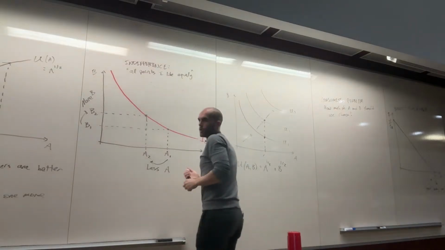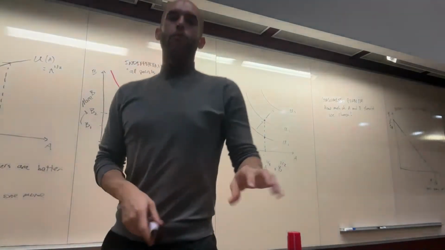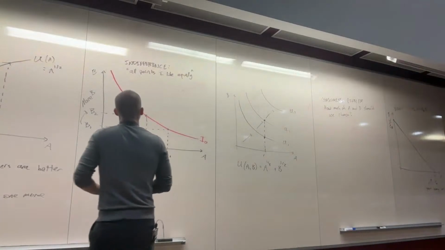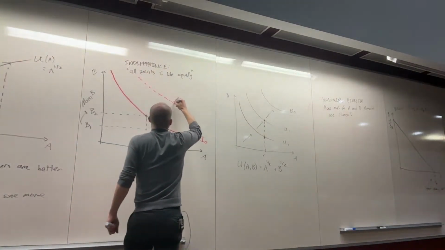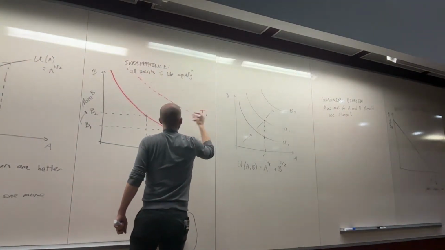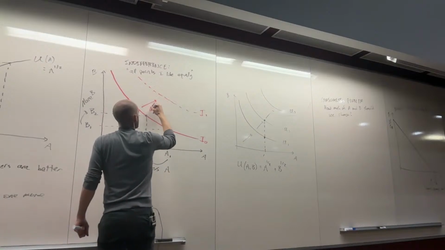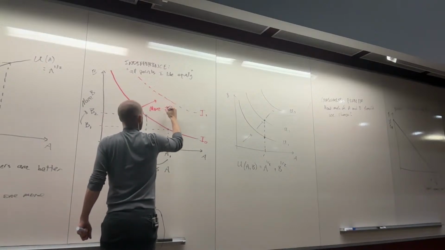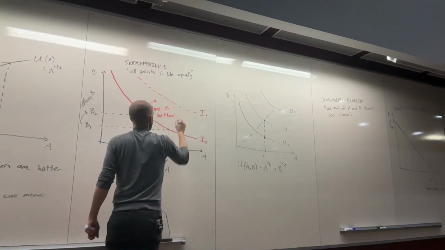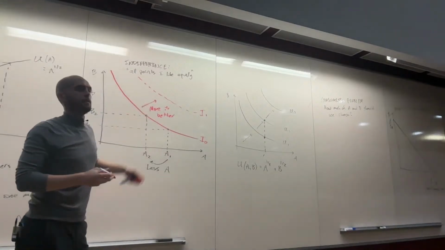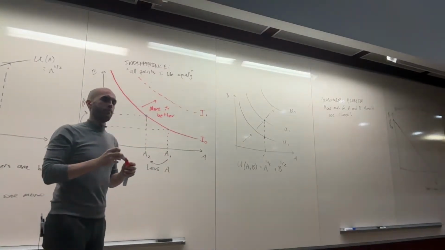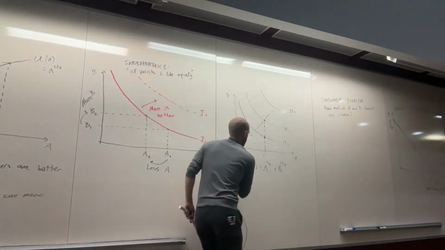So this gives us a fundamental characteristic of indifference curves, which is that more is better. We want to climb the mountain, and we climb the mountain by moving further out. Okay, next. Any questions about this?